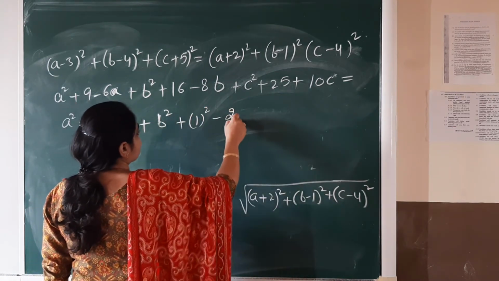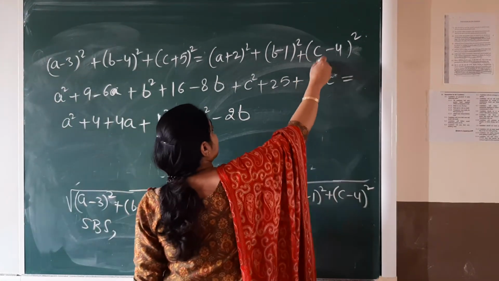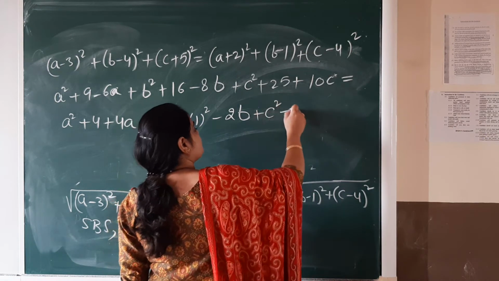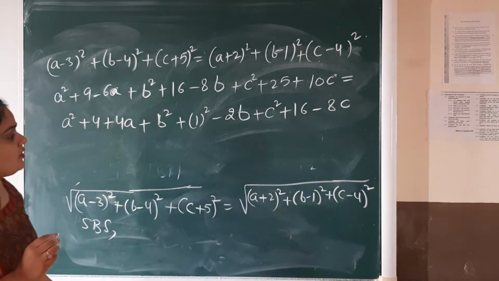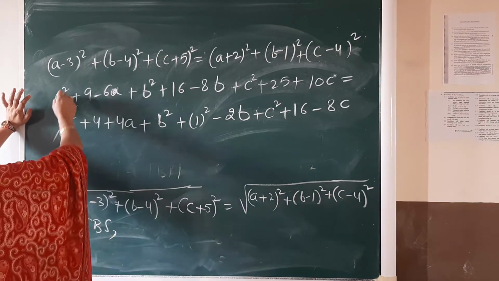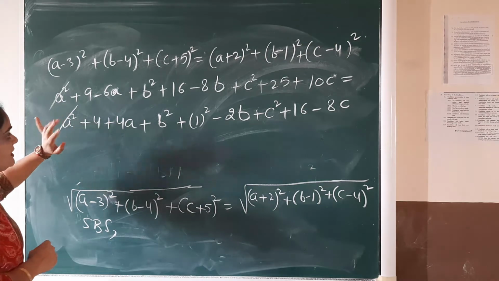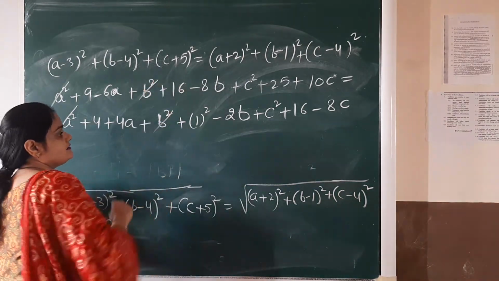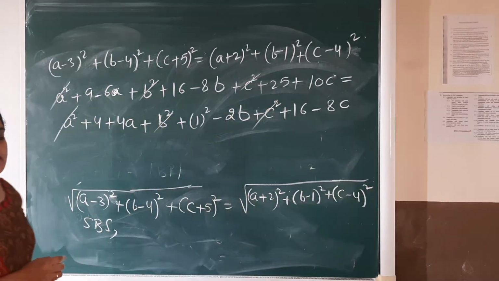Now what we are noticing is that a square equals a square, so it can be cancelled out. b square will cancel out with b square and c square will cancel out with c square.